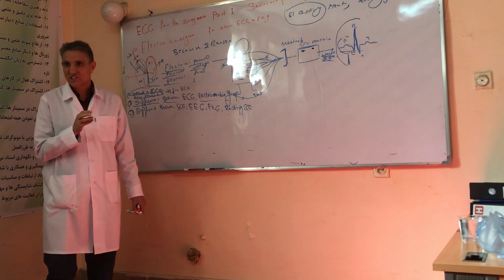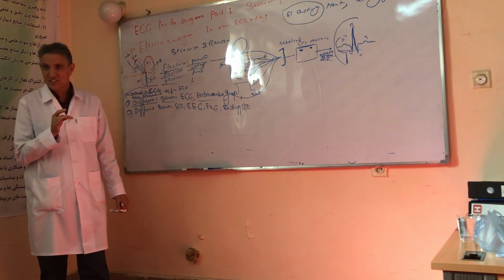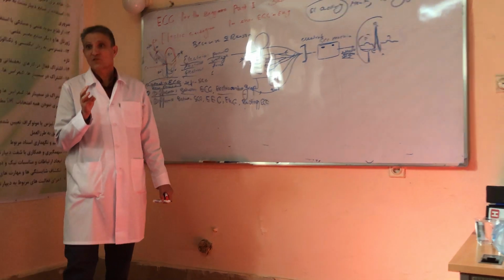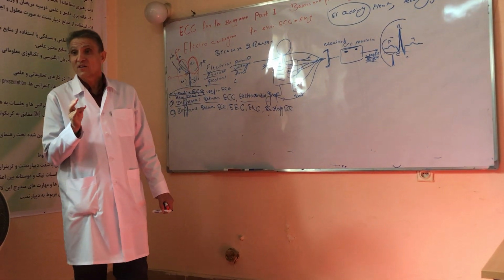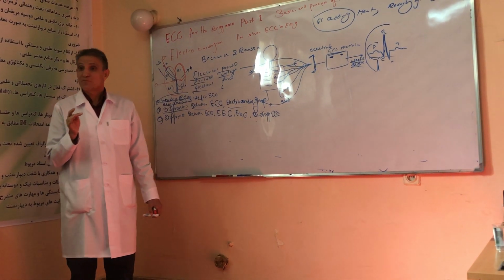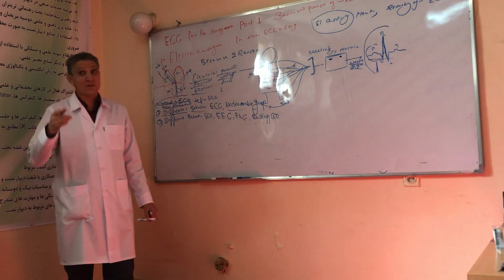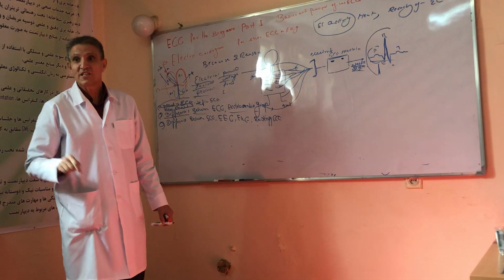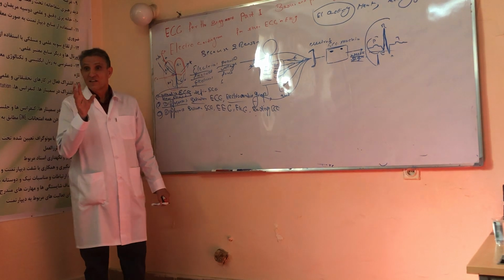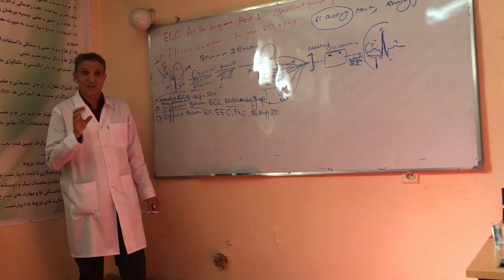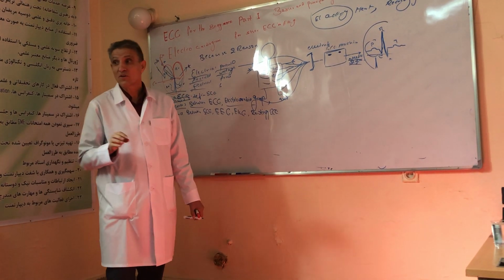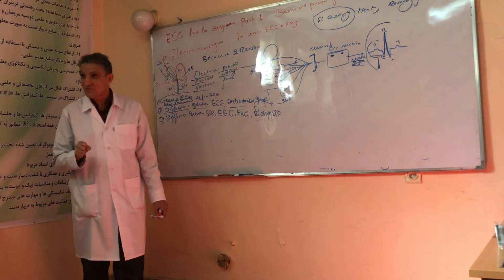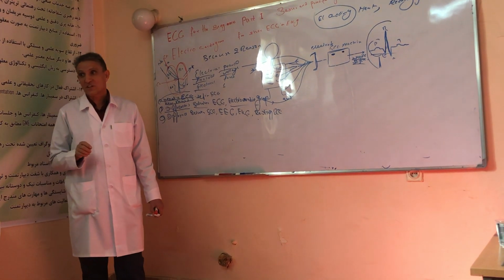For example, ECG machine, ETT, ambulatory ECG recording, especially 24-hour Holter monitoring, event recorder, other bedside monitoring, and finally even implantable loop recording. These are called electrocardiographs. Remember, electrocardiographs are those devices which are used for recording of electrical activity of our heart.